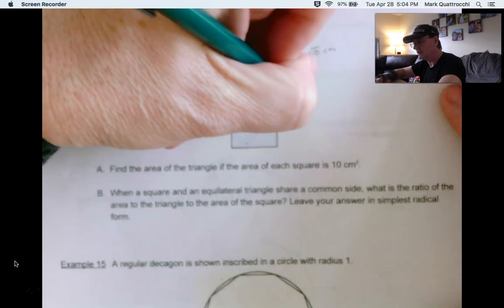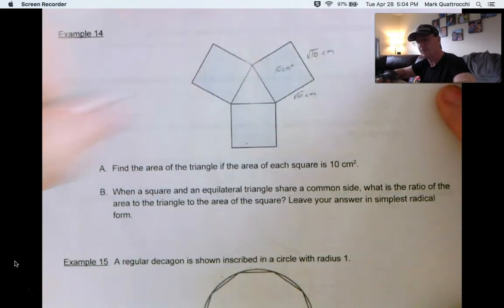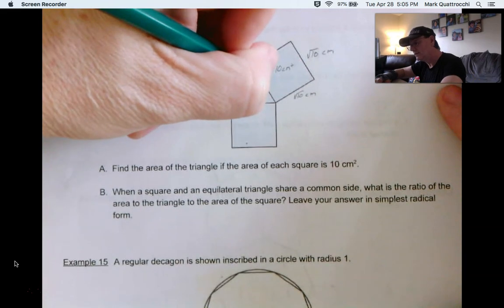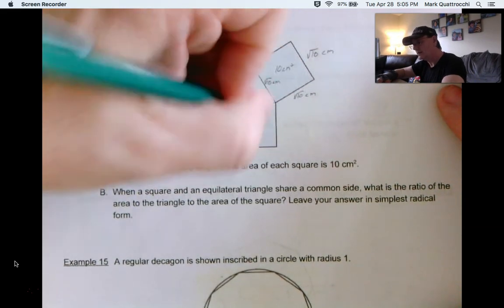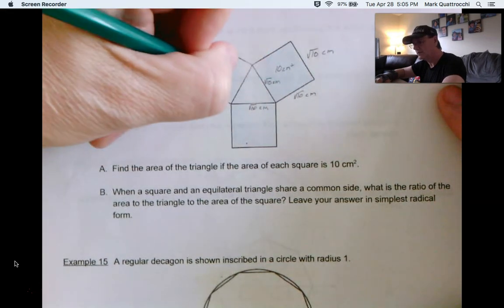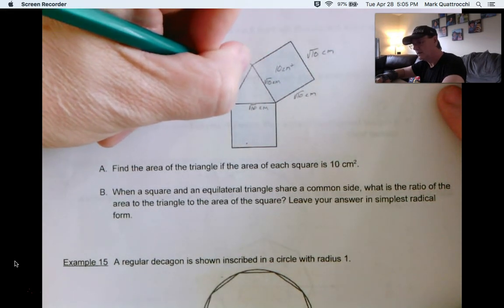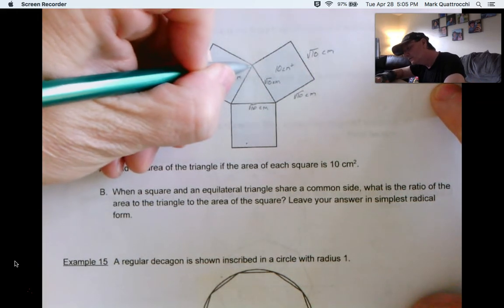And this is square root 10 centimeters, and this is square root of 10 centimeters. Square root of 10 centimeters. Square root of 10 centimeters. Okay. Let's throw the height in here.